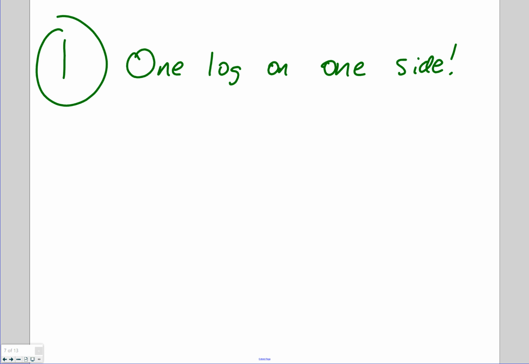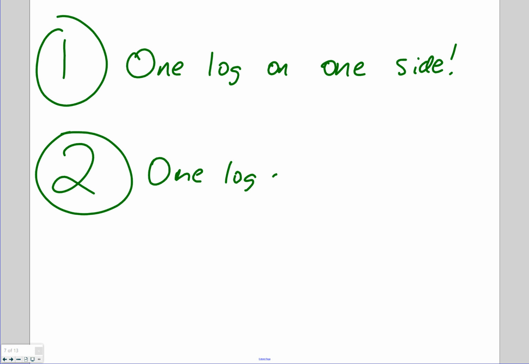Getting 1 log on one side. If you can do that, you'll find success with these logarithmic equations. Goal number 2. 1 log on each side. We're writing this around example 4, Jalissa. Somewhere around there. If you can get 1 log on each side, you will also have success on logarithmic equations. All right, so just say that to yourself a few times.